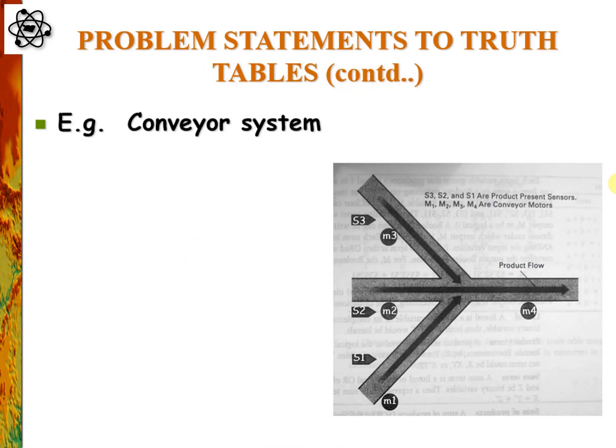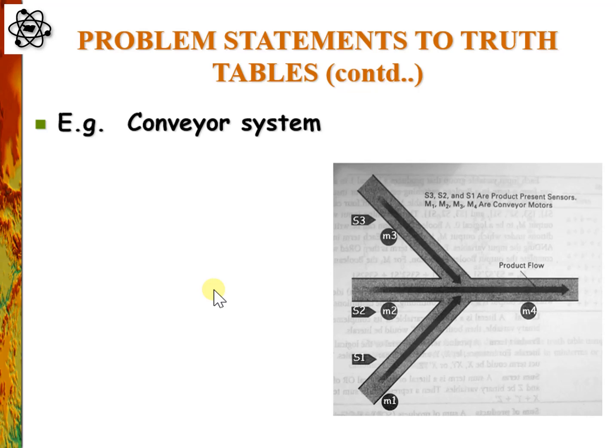In the third example, we make use of a conveyor system which brings raw materials from 3 different sources. The 3 sources will converge into a single output conveyor. Sensors are mounted on each of these different sources, and each source conveyor has a different speed.